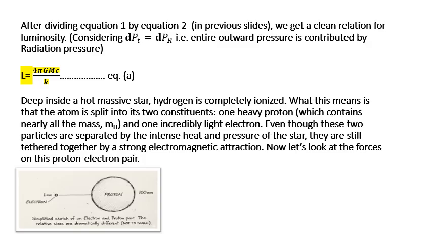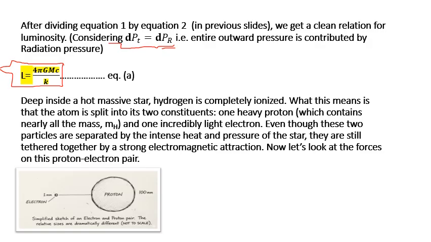When we divide these two equations, and assuming that the total pressure is contributed entirely by the radiation pressure, we get 1 on one side, and we get a relation from which we extract the luminosity to be 4 pi G M c upon kappa.